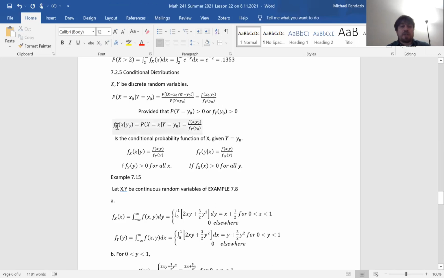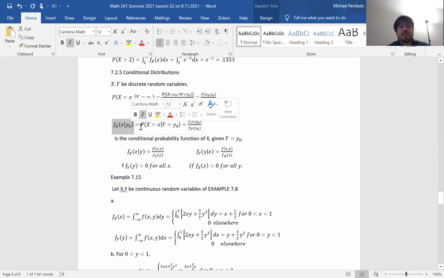This lowercase x now means something slightly different because of the vertical line. This is the notation for it. So this is the probability that capital X equals this, given, because of the vertical line, that Y equals y naught.